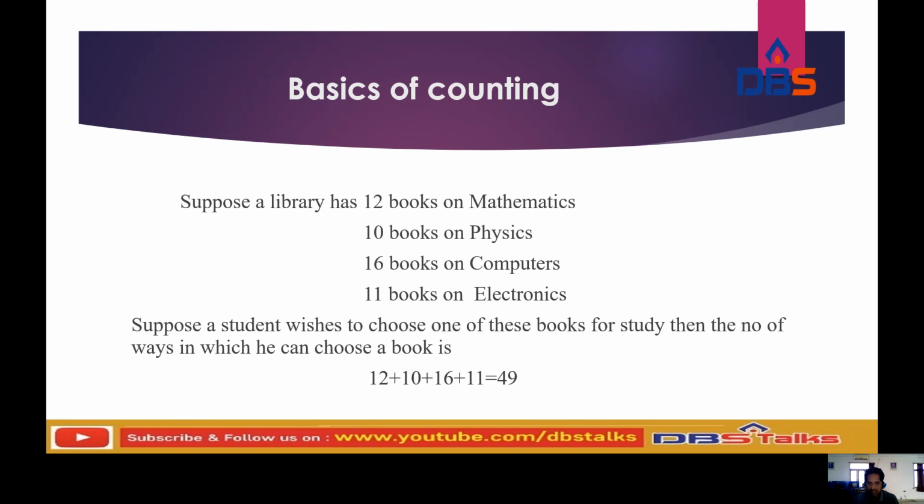So in a library, different books are available. In that way, a student can choose one of these books for study, and the number of ways is 12 plus 10 plus 16 plus 11, that is 49 ways.